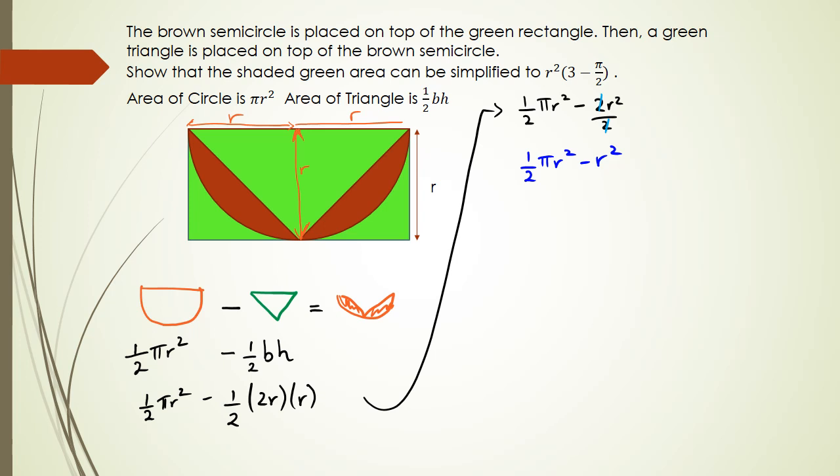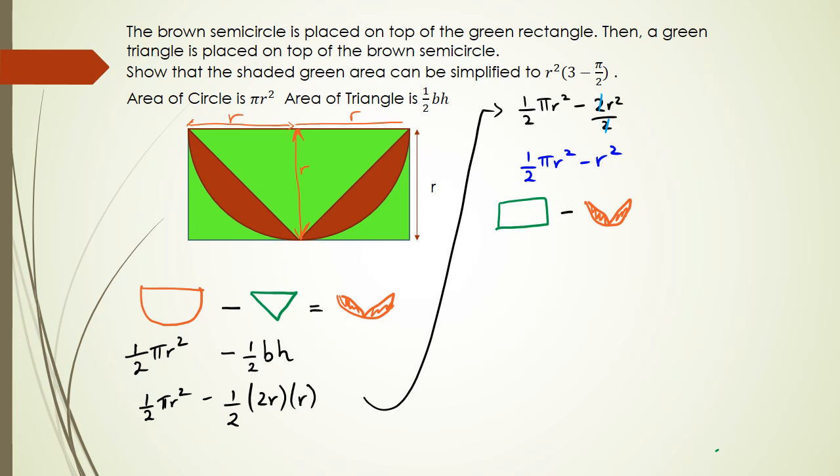To actually work out the green area, the total area, what we can do is take the green rectangle and then minus this funny looking shape here, which we found out to be half pi r squared minus r squared.